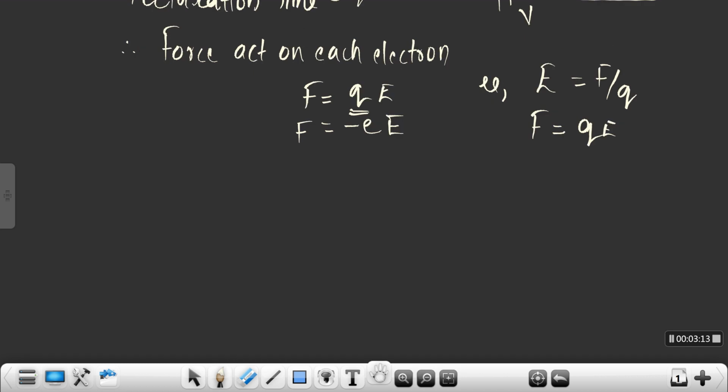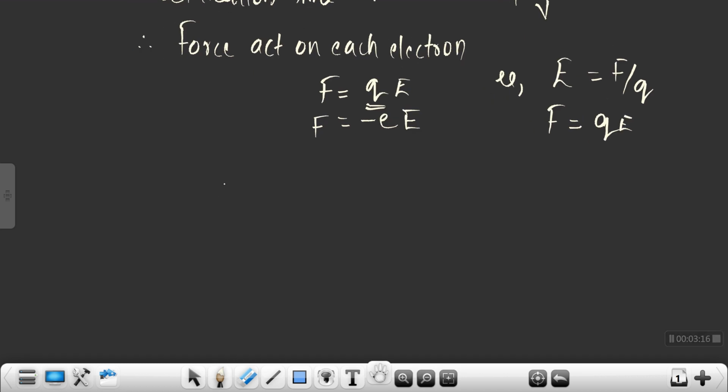We know the basic equation for finding force, that is F is equal to ma. So here we got two equations for force.